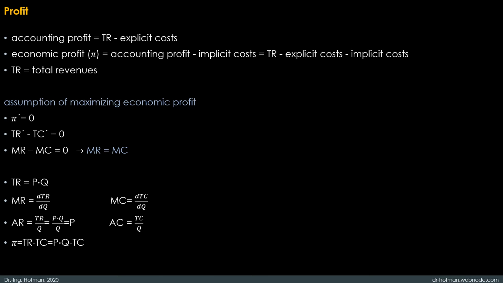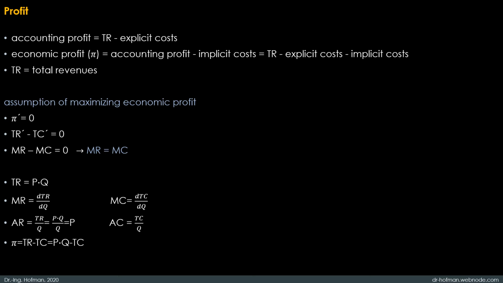TR is P times Q. Marginal revenues are given as the derivative of total revenues with respect to quantity, it means the derivative according to Q. Average revenues are given as a fraction, where in the numerator we have total revenues and in the denominator we have quantity, TR over Q. So we can also write price times quantity over Q. Simplified, it's just P. So average revenues equal P in perfect competition.